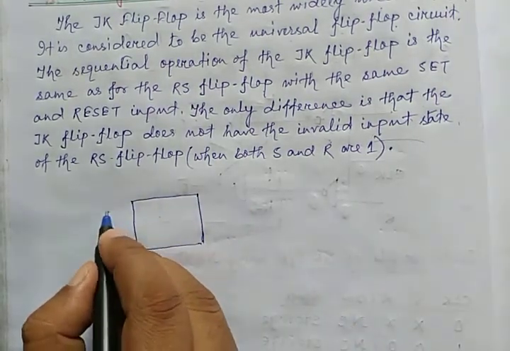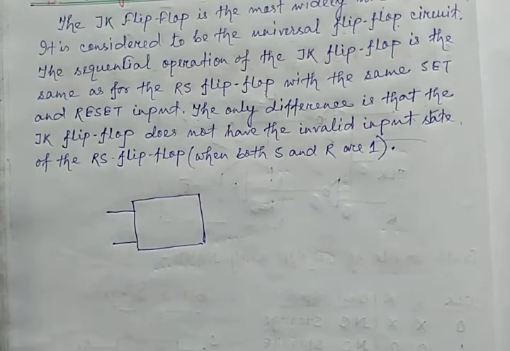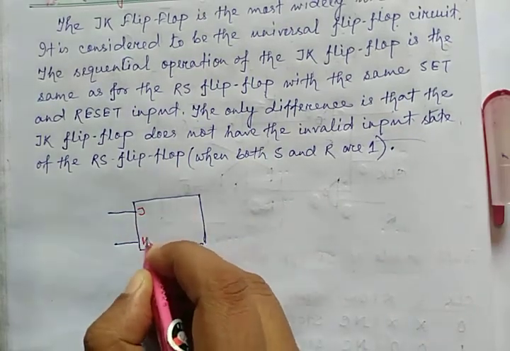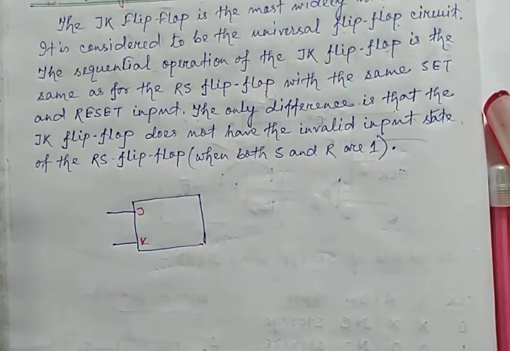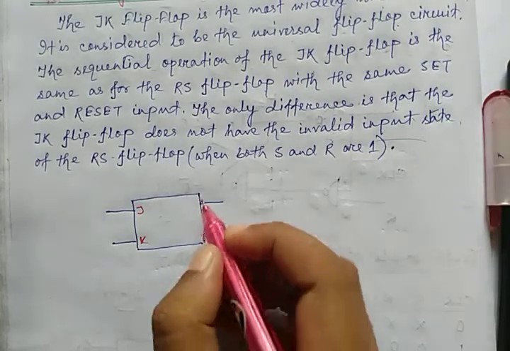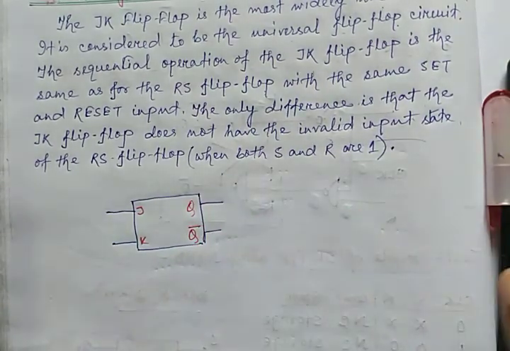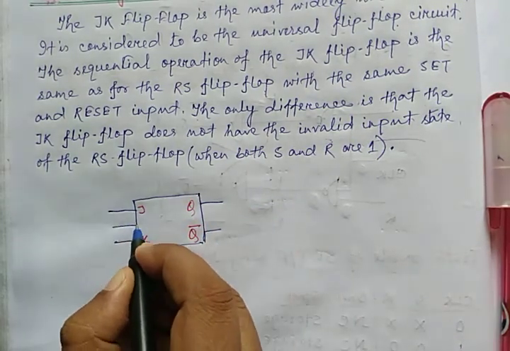Okay, so the block diagram of JK flip-flop has 2 input states, known as J and K, and 2 output states, one is Q and the other is Q bar, and obviously there is one clock signal.